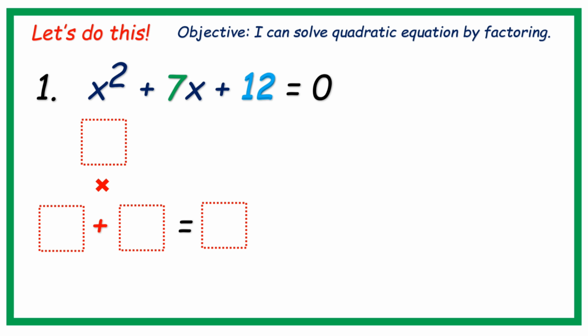First, let's use a guide, okay, for squares. I'm going to explain to you how we are going to use this guide. So first, let's study the first term, which is x squared, the second term 7x, and the third term 12.